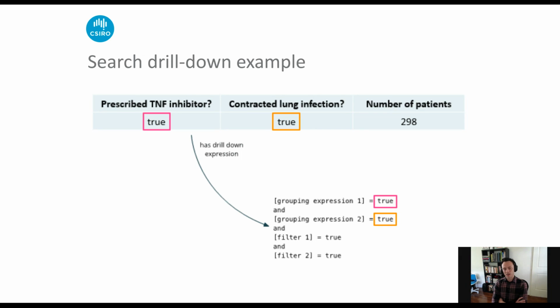This is another FHIRPath expression which can be fed into the FHIRPath search parameter to retrieve the individual records that make up that grouping. So if we gave this expression to the FHIRPath search parameter, we would get the 298 patients that make up this grouping.